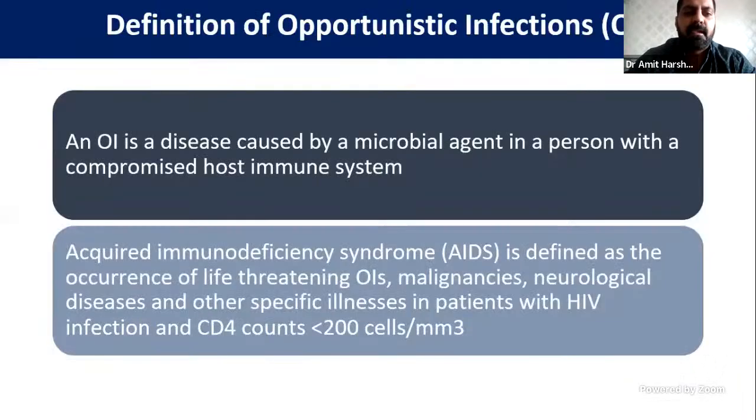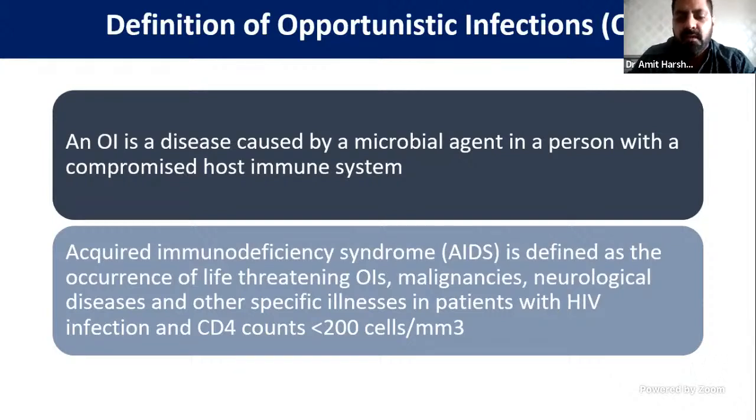Next. So giving the introductory remarks, to start with the definition of opportunistic infections, and I'm sure all of you must have seen this thousands of times. The opportunistic infection is a disease caused by a microbial agent in a person with a compromised host immune system. That's important to note, that we are talking about the compromised host immune system when it is opportunistic infection.